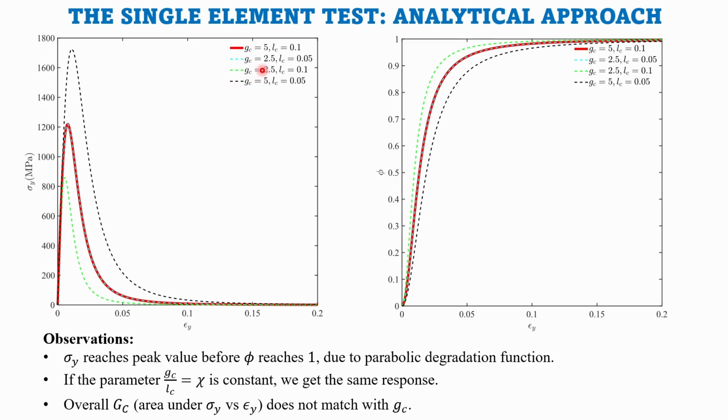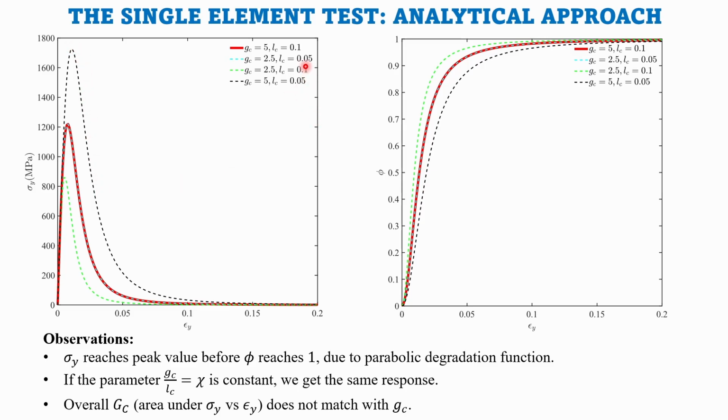And for this black curve, you are keeping GC the same, but you are decreasing LC. So you are essentially making the crack sharper, correct? And for a sharper crack, your failure point, or the peak of the curve, tends to go up. That's why you see a rise of this black curve.